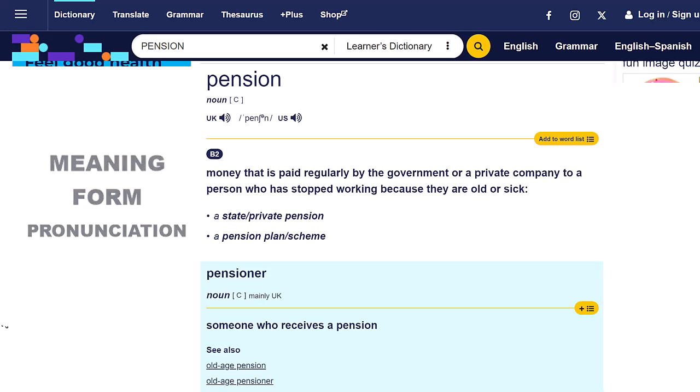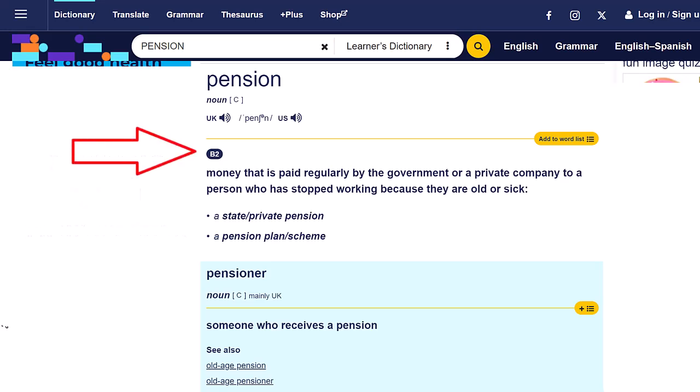It tells us it's a B2 level word, gives us a clear definition that we can turn into concept check questions. We've got the pronunciation here with the stress and the phonemic transcription, and the form here. It's a countable noun, and here are some common collocations.